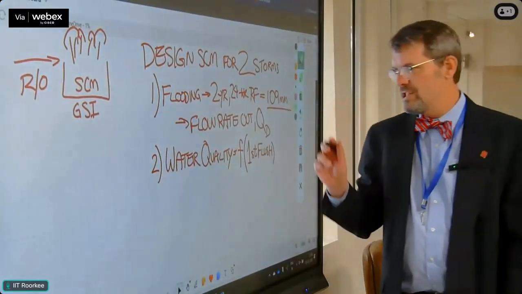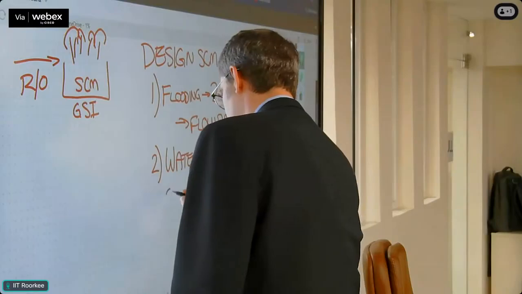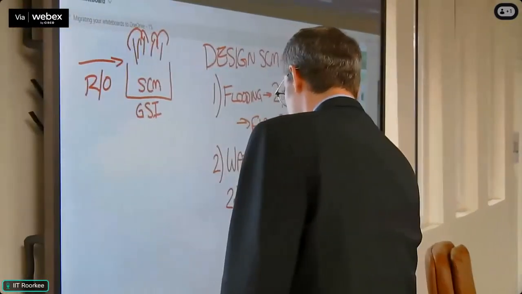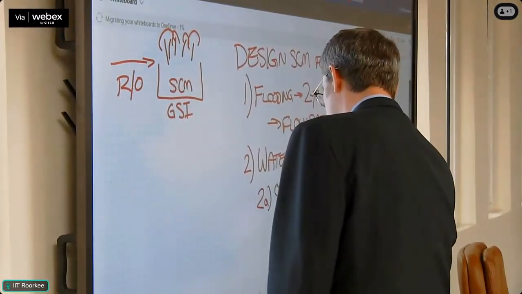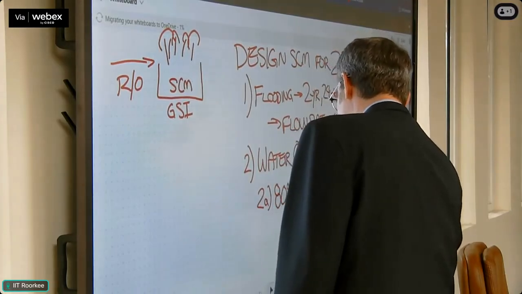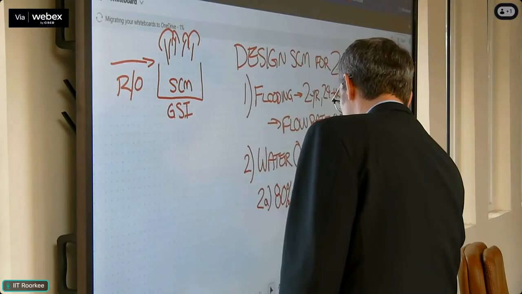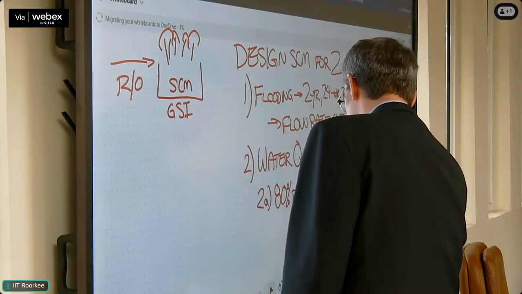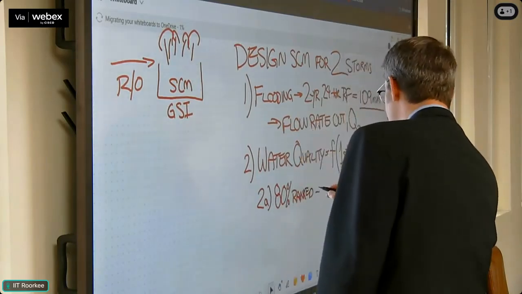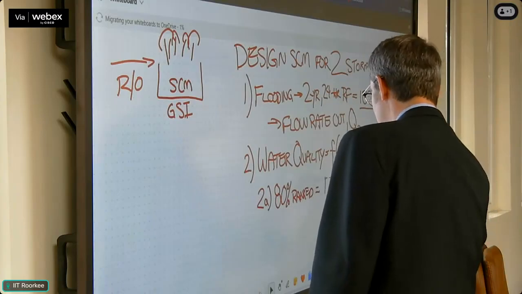All right, so 2A is that if you rank all the storms, the 80 percentile ranked storm event is 17 millimeters, all right?